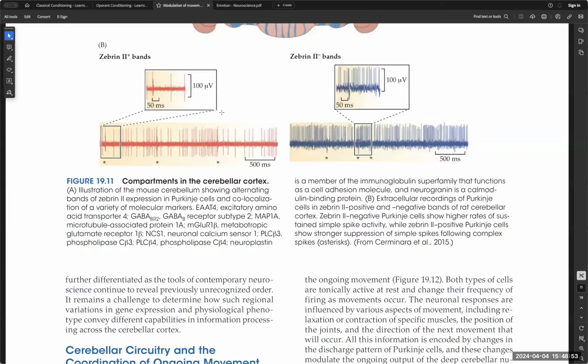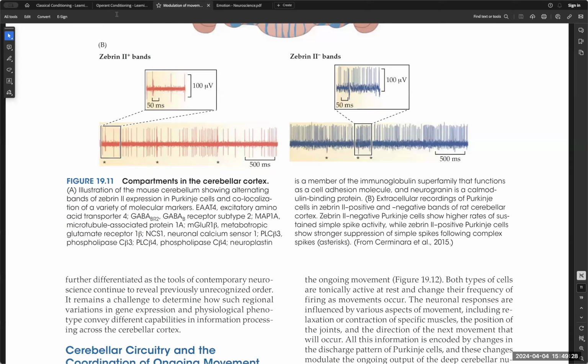And of course we have what we call canonical models of the cerebellum that show that there are actually specialized columns of structures along the cerebellum's vertical axis that we can take a look at. So Zebrin is actually a molecule. It's a protein that is found in the Purkinje neurons, and apparently it has something to do with GABA activity.